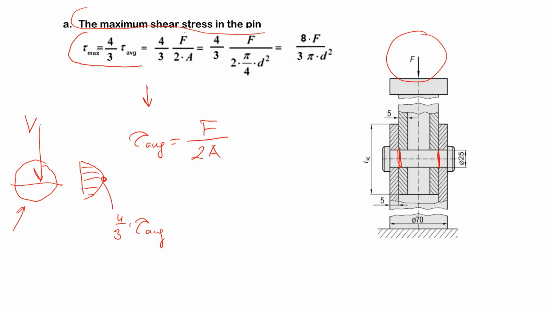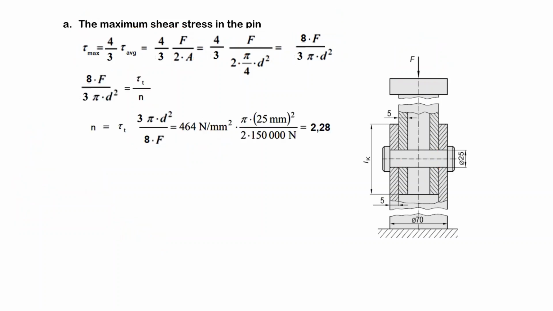The average is F/2A, and A is the cross-sectional area of the pin. And if you organize this relation, you find this formula. This maximum shear stress should be less or equal to the shear strength of the pin material divided by the factor of safety.